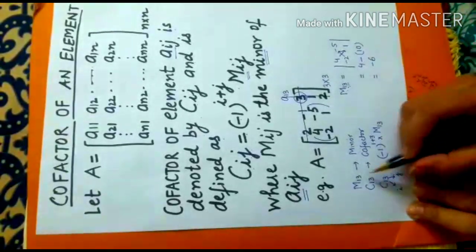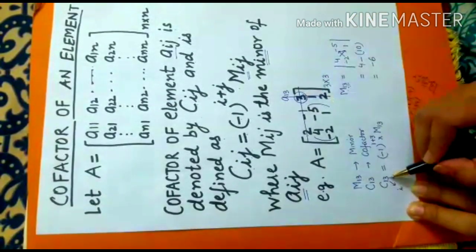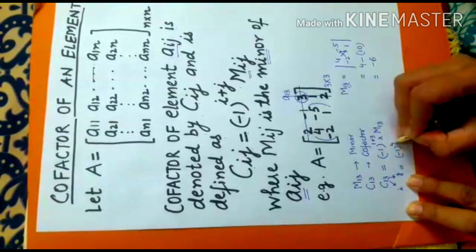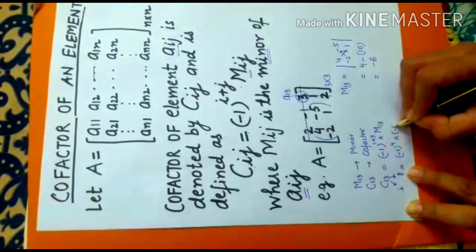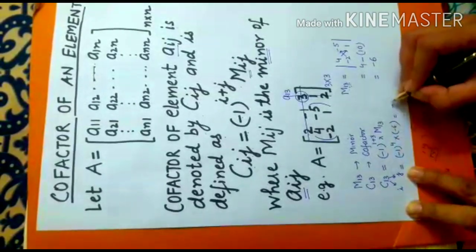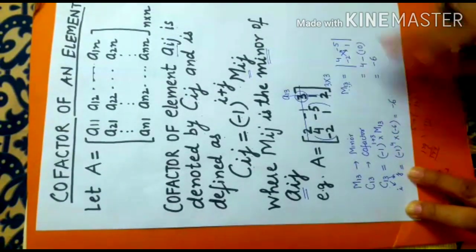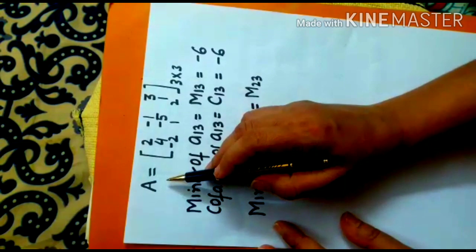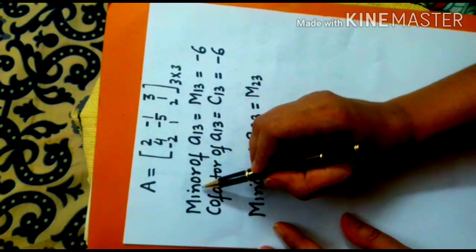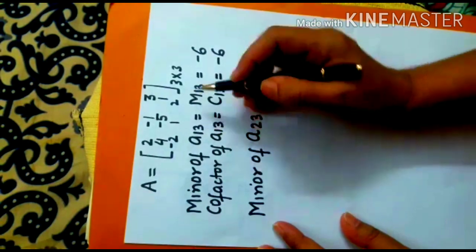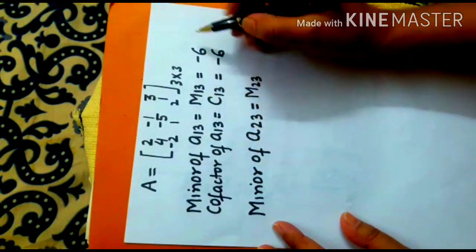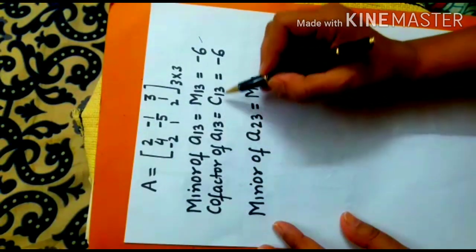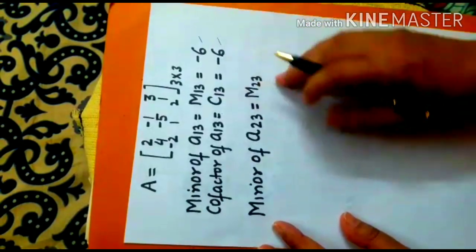The cofactor of this element is C13, which equals -1 raised to the power 4 into -6, that is -6. In the last example, we have seen that the minor of element A13, that is M13, is -6, and the cofactor of A13, denoted by C13, is -6.